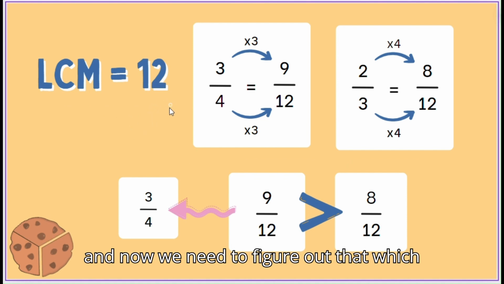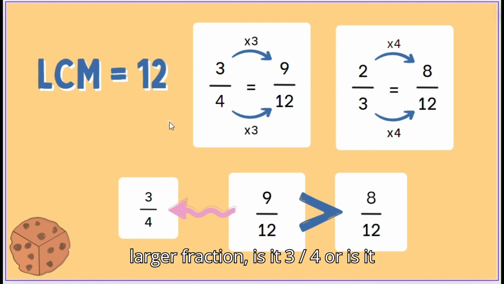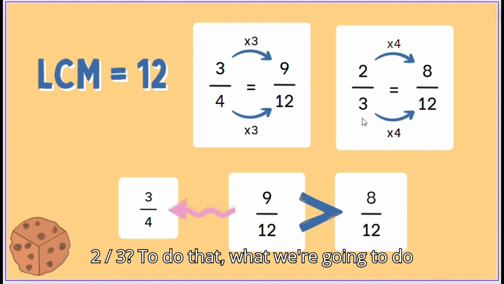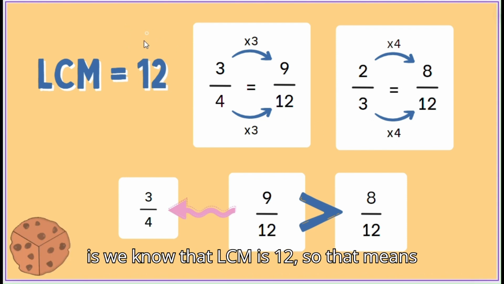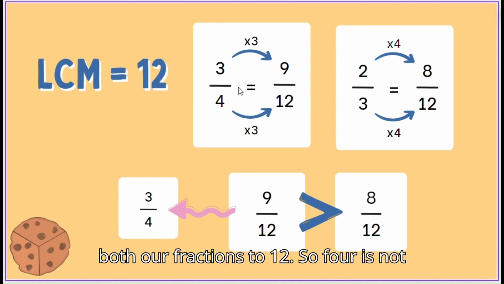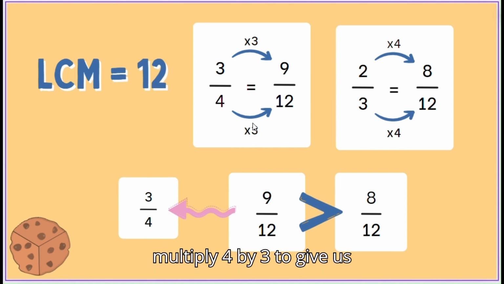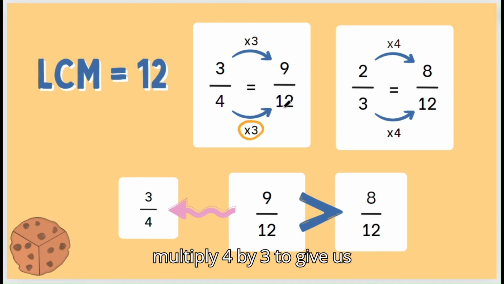And now we need to figure out which fraction is the larger fraction. Is it 3 over 4 or is it 2 over 3? We know that the LCM is 12, so we have to get the denominator of both our fractions to 12. 4 is not equal to 12, nor is 3. So you have to multiply 4 by 3 to give us 12.